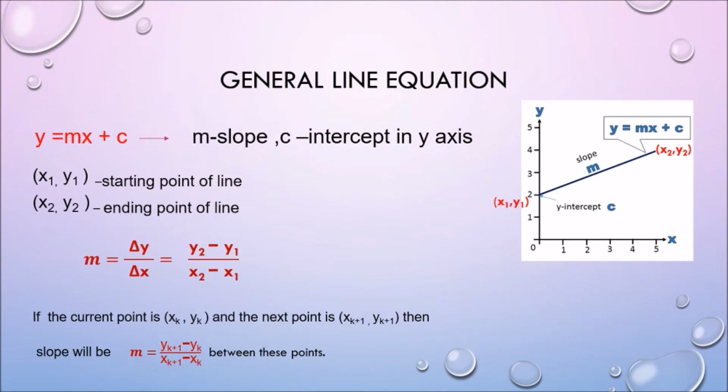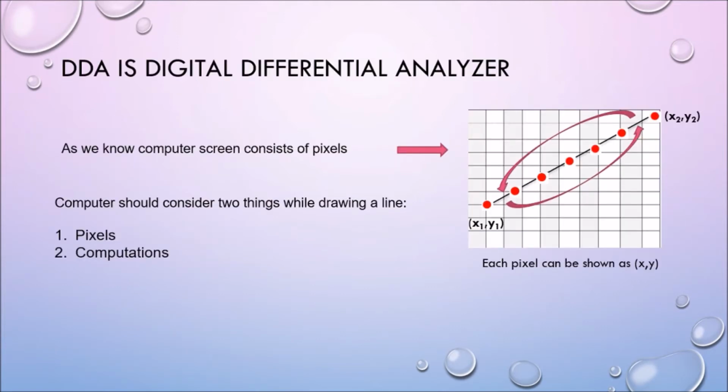We will start to implement an algorithm from the initial point, and we will find all next coordinates, and we'll continue the same process until we reach the end points. Algorithm will finish when we get the end points x2, y2.